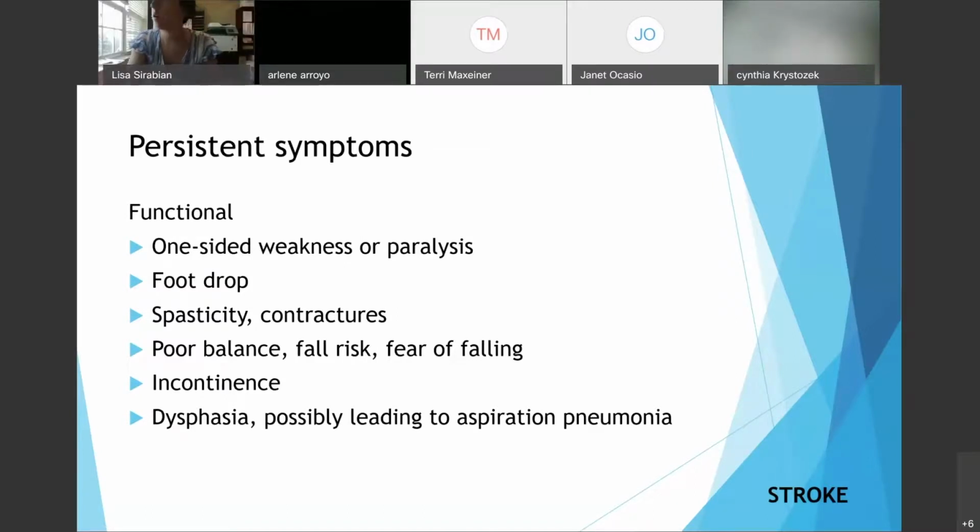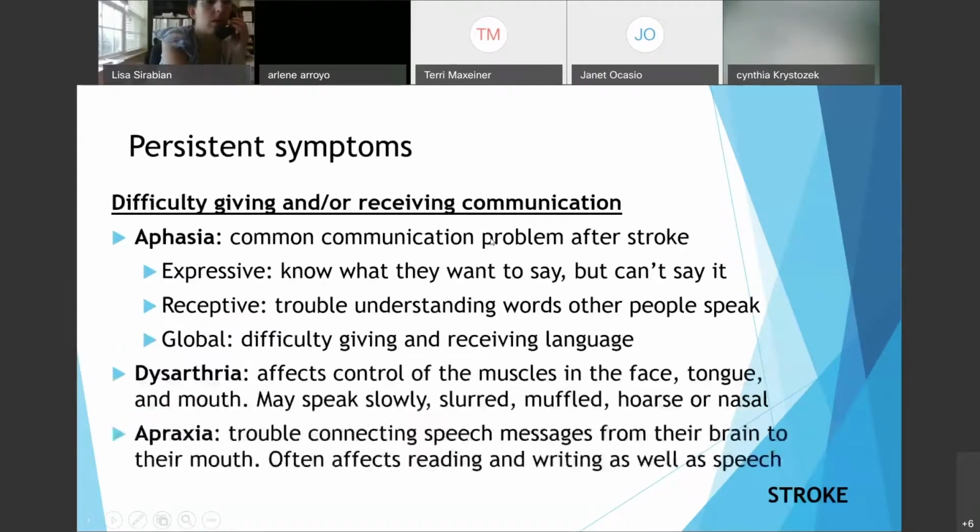So functional deficits that we may be compensating for, helping the person to compensate for, include one-sided weakness or paralysis, foot drop, spine contraction, poor balance, fall risk, fear of falling, incontinence, and dysphagia, so possibly leading to aspiration pneumonia. Other persistent symptoms may include difficulty giving and or receiving communication. So that is kind of the big picture.